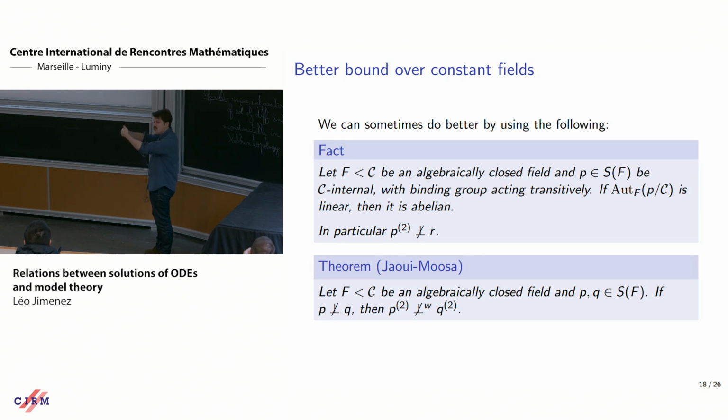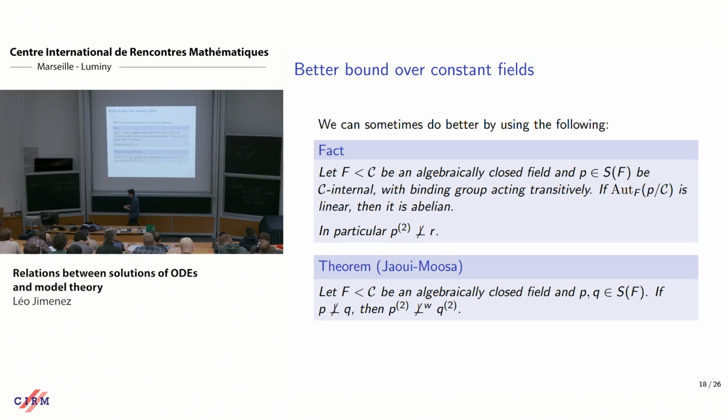So if we're working over constant parameters, we just get a bound of 2. So in that case, you get much better.